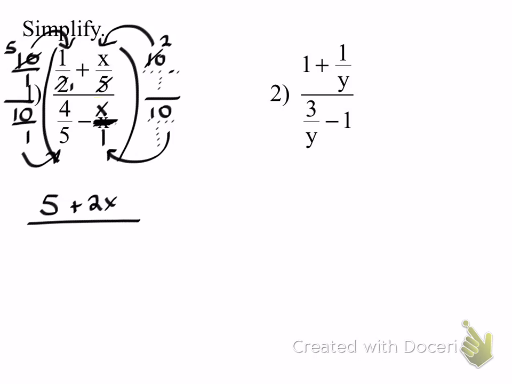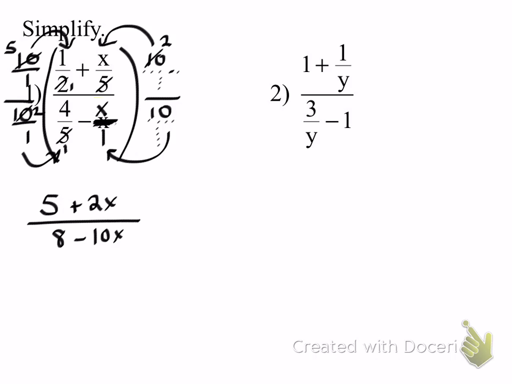When I distribute to the next one, how about Jake? 5 goes into 10 2 times, and into 5 once. And what's left? 8. And when I distribute here, is there any cross-canceling, Jake? No. So what's left? It would be negative 10x.